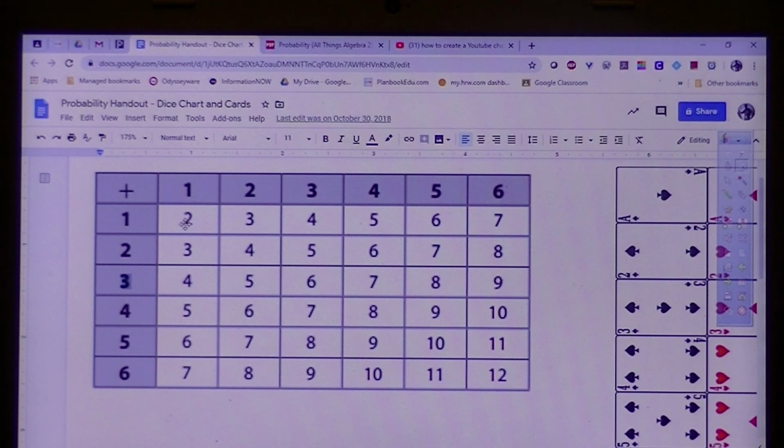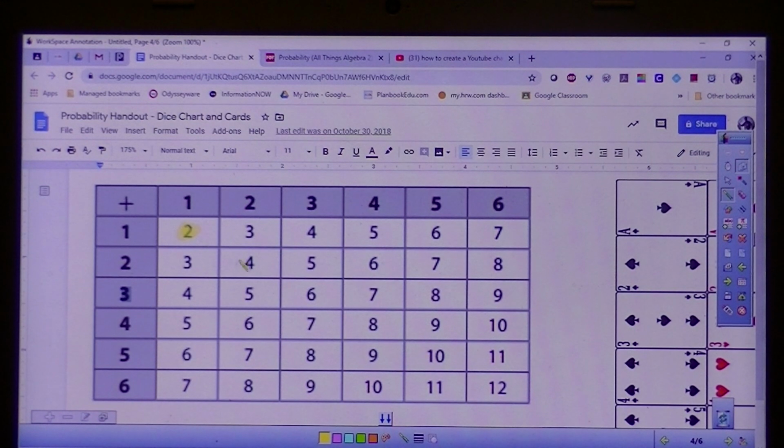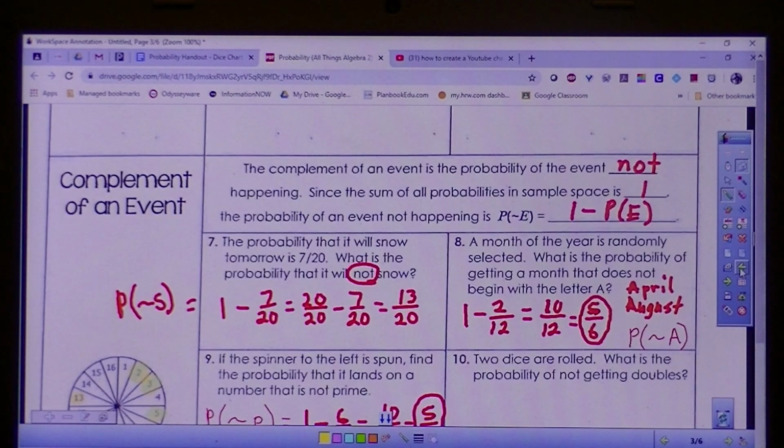Well, 1 and 1, that'd be a double. Okay. And 2 and 2, 3 and 3, and 4 and 4, and 5 and 5, and 6 and 6. So 1, 2, 3, 4, 5, 6 out of 36 would give you doubles. 6 out of 36 would give you doubles.